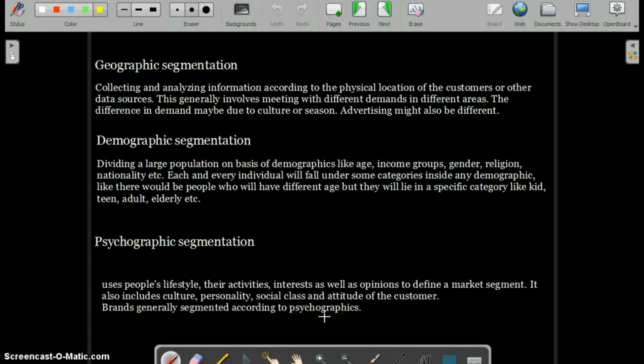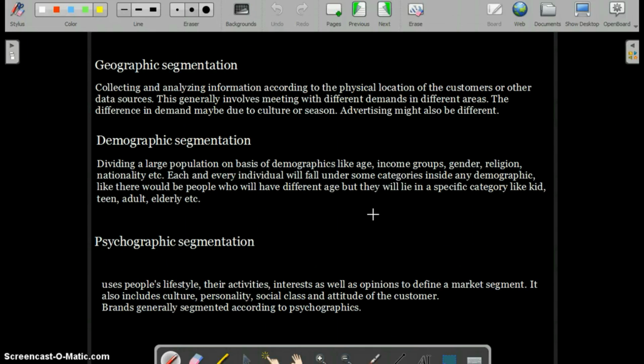Generally, the well-known brands, as I discussed in the example about the car and the cycling thing, just try to meet people's lifestyle and activities instead of their age or something.